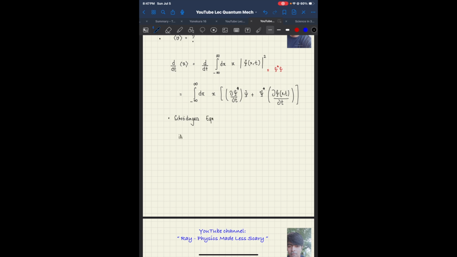Now this is where, for example, the Schrodinger equation comes in. Why do I need the Schrodinger equation here? Because I know that i h cross del psi/del t is equal to minus h squared by 2m del squared psi(x,t)/del x squared plus V(x) psi(x,t).